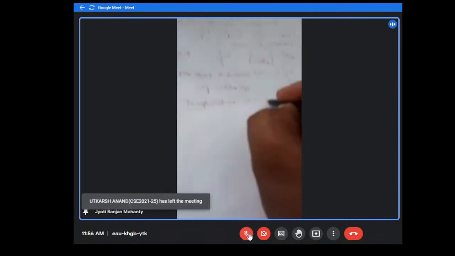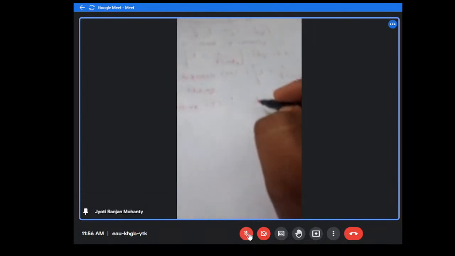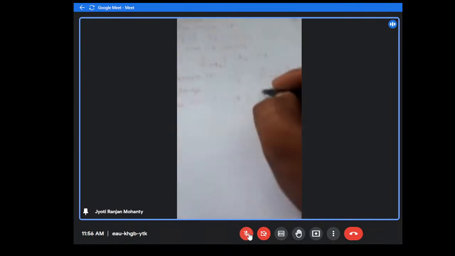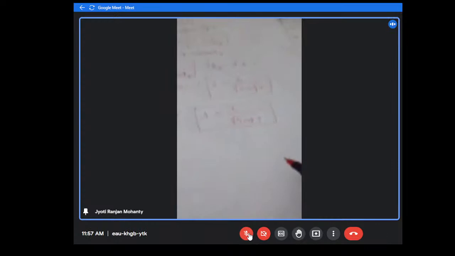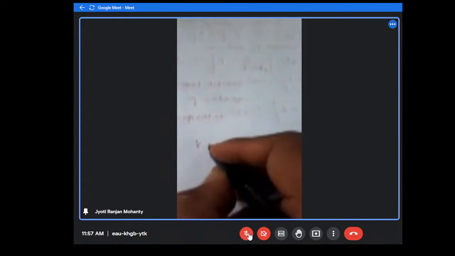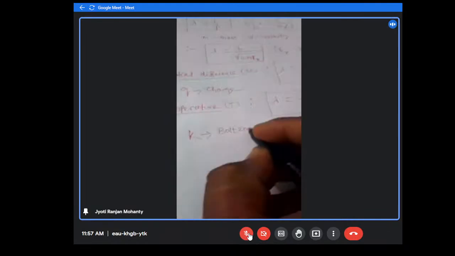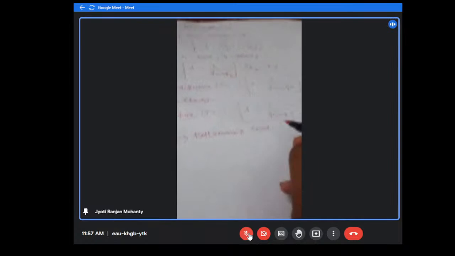Temperature means T. Suppose a large number of particles, each of mass m, are in thermal equilibrium at absolute temperature T. Then lambda will be h by root of 3m k into T, where k is known as Boltzmann's constant, m is the mass, and T is temperature.